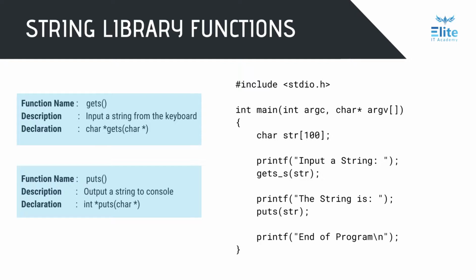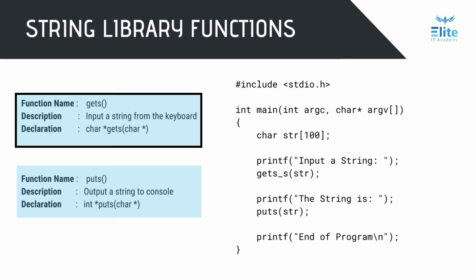Let us start with some simple functions in the string library. The first two functions are gets and puts. The function gets gets a string from the keyboard. This function is passed the starting address of the array. It updates the string with the values of the keys pressed on the keyboard.